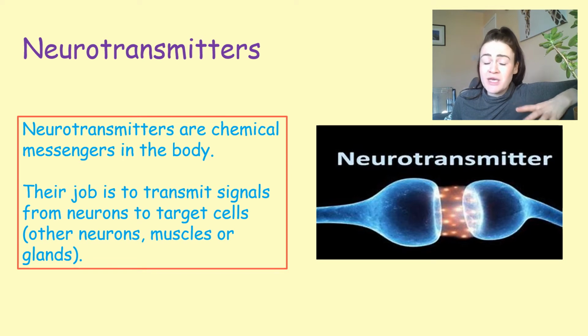Their job is basically just to take the signal from one neuron to the next, or the next target cell. So it could be that the neurotransmitters are going to a muscle cell or a gland to basically initiate a response in that. We'd normally call them the effector cells.